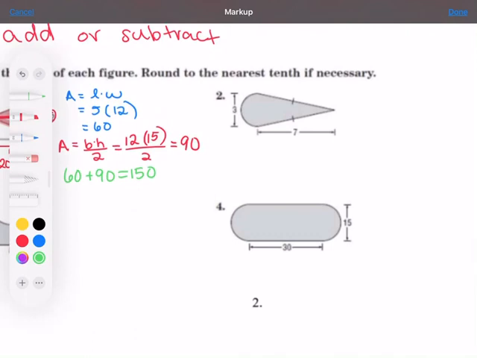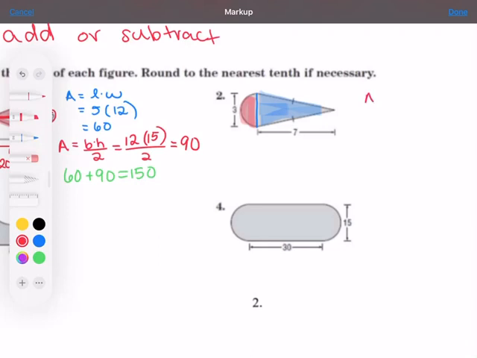So number 2, what are the two shapes we have? If we break this up right here, then this blue is obviously a triangle, and then this red region is a semicircle. So let's start with the area of the semicircle.